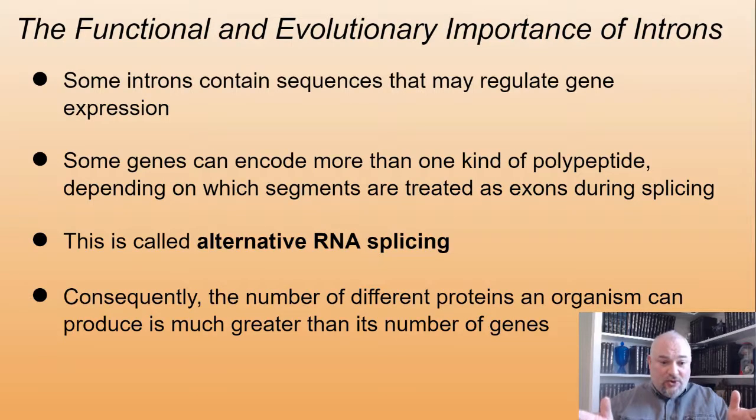So the same gene could code for this polypeptide or that polypeptide in the same DNA, depending on which parts of it are spliced together. We call that alternative RNA splicing, which means there are more polypeptides or proteins that an organism can produce than there are genes in the organism, which is kind of fantastic. We already have so many genes, but we can still make even more proteins because of the way we can rearrange within those genes.